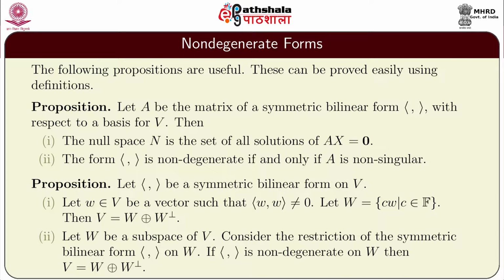And the second proposition says that if we have a symmetric bilinear form on V, and if w is a vector such that inner product ww is not 0, and if we take capital W to be the span of the vector w, then V can be written as the direct sum decomposition W direct sum W perp.